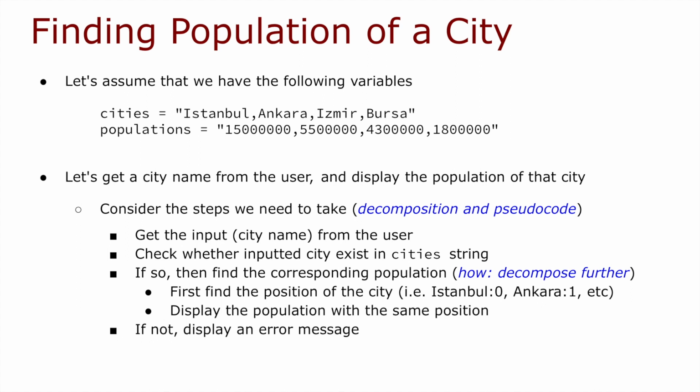Let's get back to our original problem where we were asked to find a population of a particular city given a bunch of cities and their respective populations and a city name as input from the user.